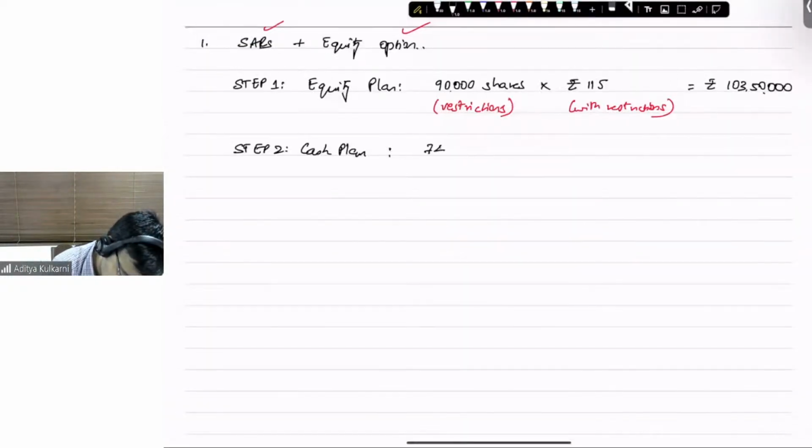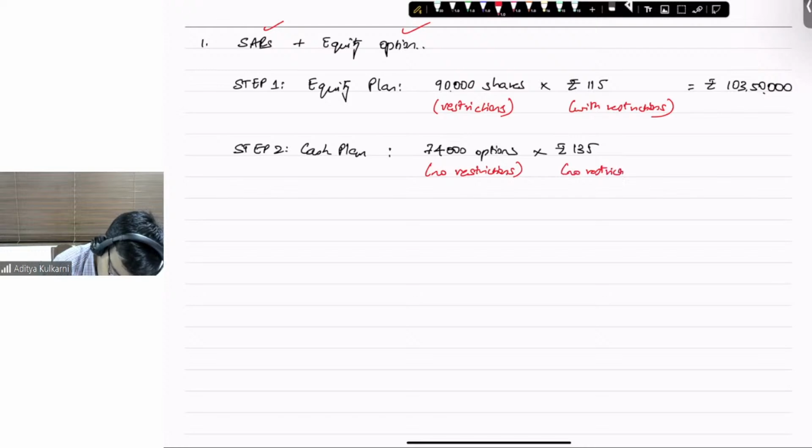So 74,000 options into rupees 135. No restrictions. And here also no restrictions.